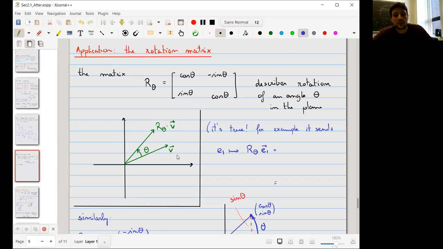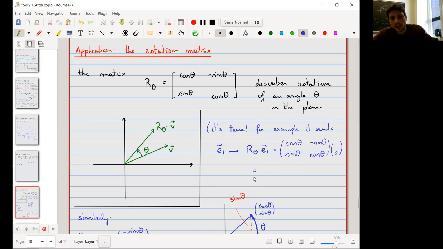To convince yourselves of that fact, we can try rho theta on the standard vectors e1 and e2. If I apply rho theta to e1, I get the following. Let's write it here. We have the matrix cosine theta, sine theta, minus sine theta, cosine theta, times the vector 1, 0. That's my vector e1.